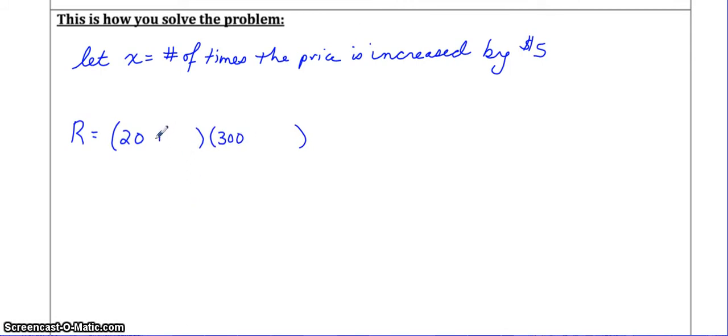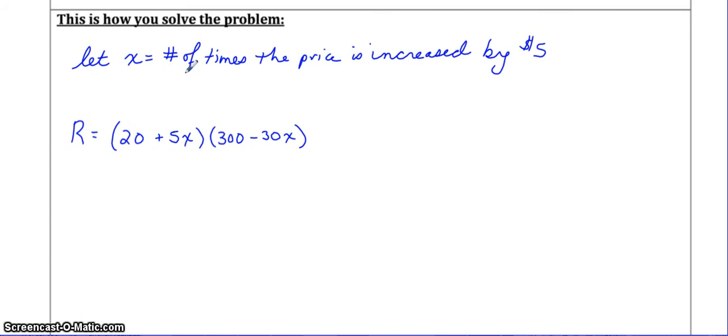Now, if we add $5 to the calculator price, we're going to lose 30 students. If we add 2 times 5, we lose 2 times 30 students. So what you're going to do is multiply this 5 by x. So for every $5 increase in price, we're going to lose 30 students.